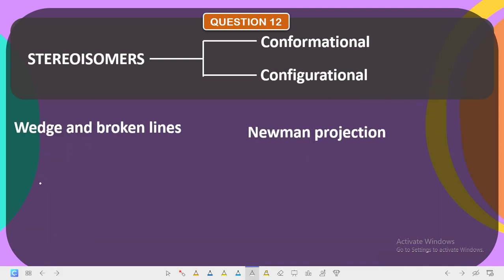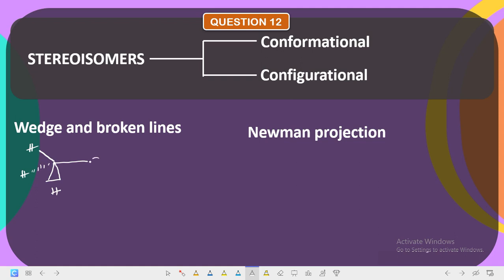So let's look at the next representation. This one is wedge and broken line representation. Now this one has something like this. Then you have something like this. Then you have the wedge like this, where each of these points also represents what? A carbon.